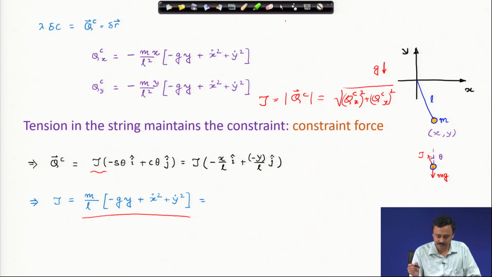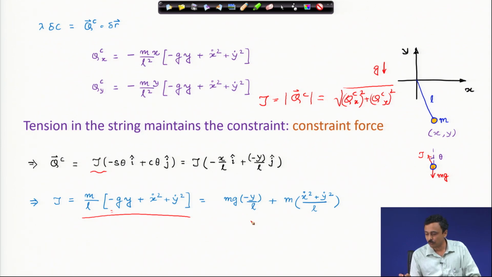You can very easily check this, and if I write it in a slightly rearranged form, what I have done is I have taken this negative sign with y over L, so that I can interpret minus y over L as nothing but the cosine of this angle, cosine of that theta.